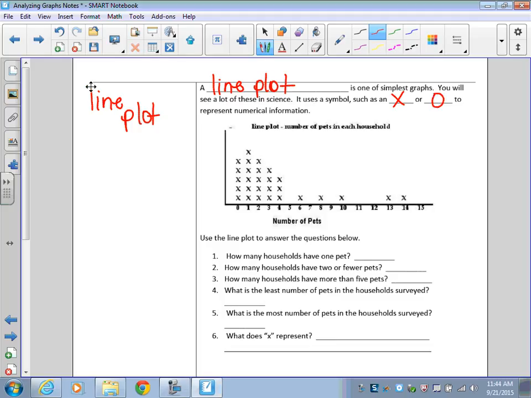So in order for you to answer your questions related to the line plot, you need to count the amount of symbols, or in our case, X's on our line plot. So this first section, we have 5. This next section, we have 6, 5, 4, 3.